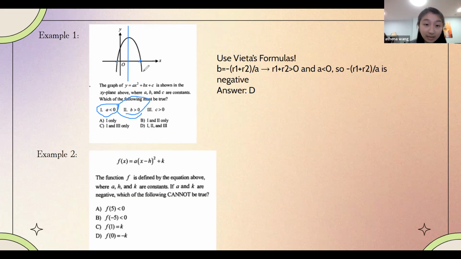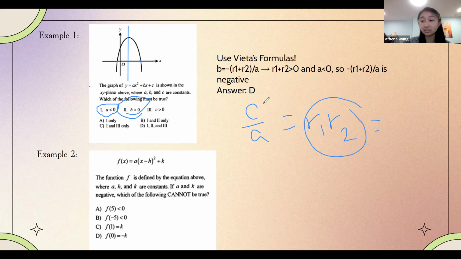Okay, for the last one, we have C is greater than 0. C over A is supposed to be R1 times R2. And A is negative, less than 0.